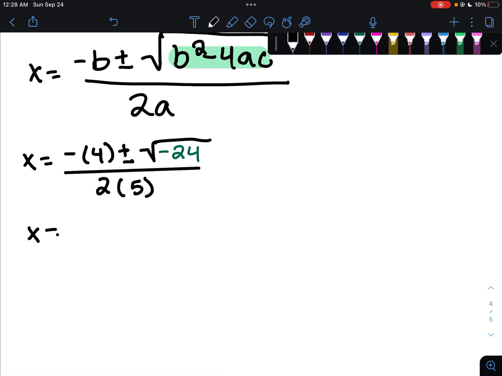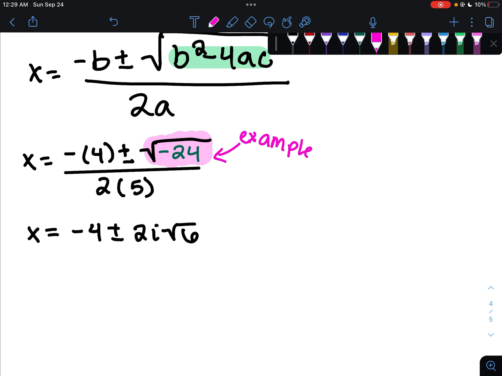So we start simplifying. We have a negative 4 plus or minus. We have already simplified the square root of a negative 24 on the front page. That would be 2i rad 6. Again, we got this from example 3, so you can go back and look at that if you need to.